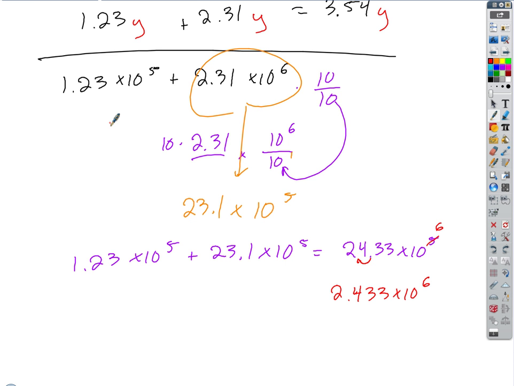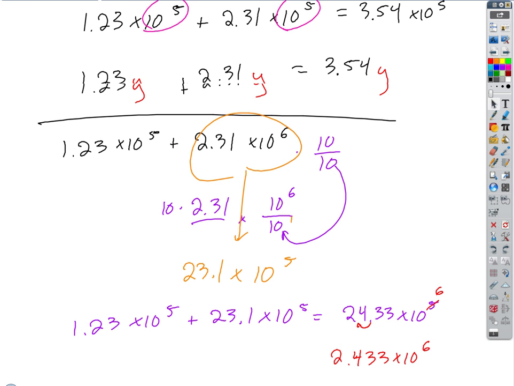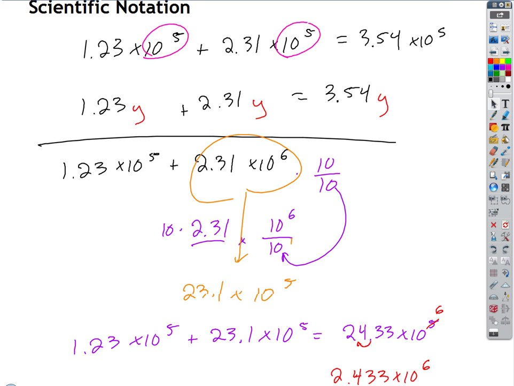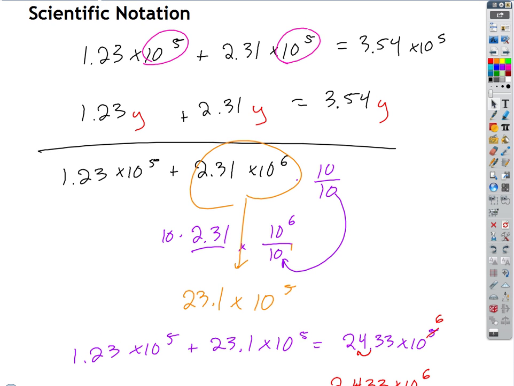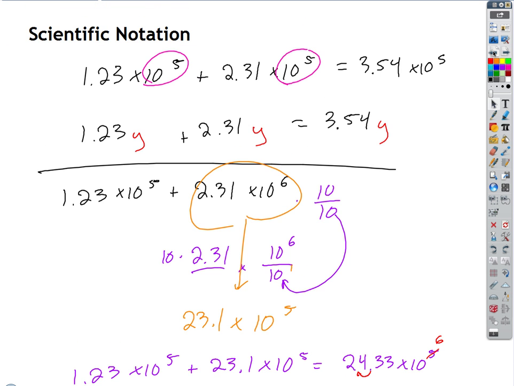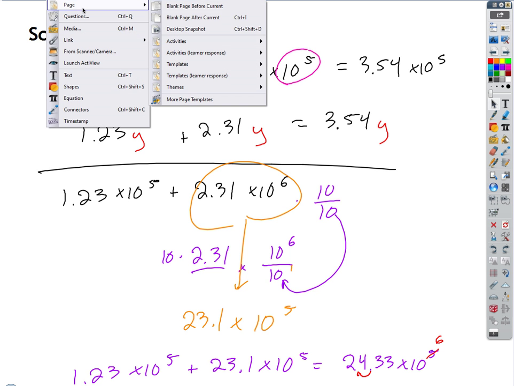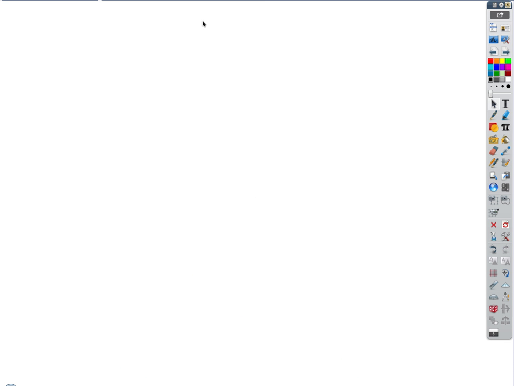Okay. All right. Let's shift gears here. What about multiplying scientific notation? So what if we want to do something like 1.23 times 10 to the 5th times 2.31 times 10 to the 5th.